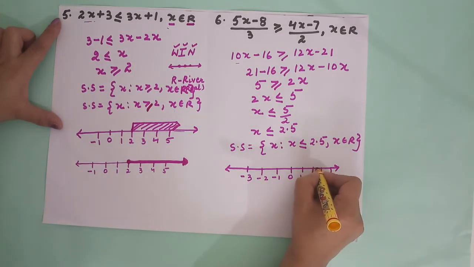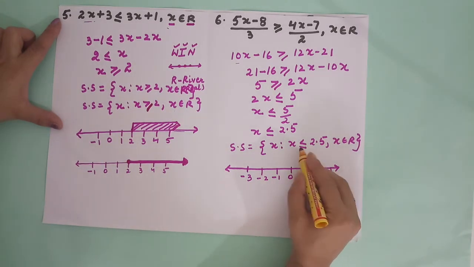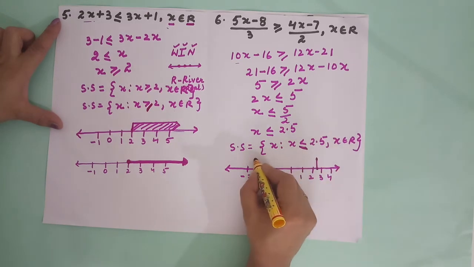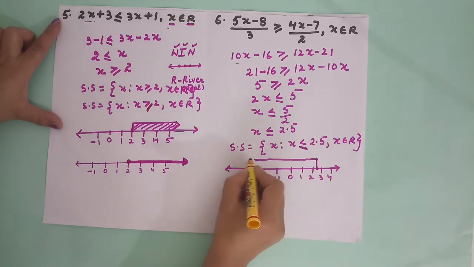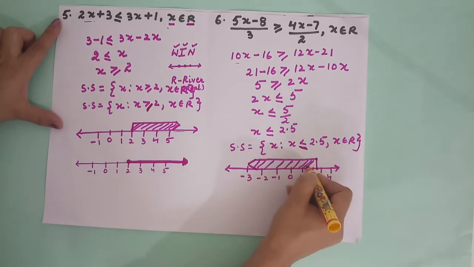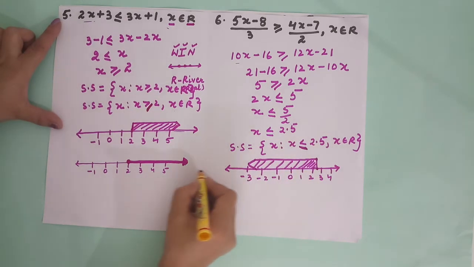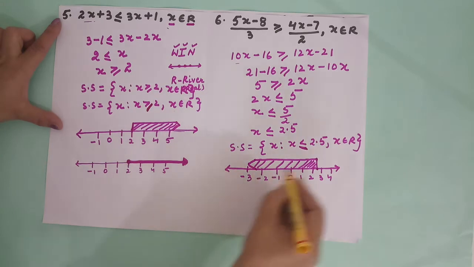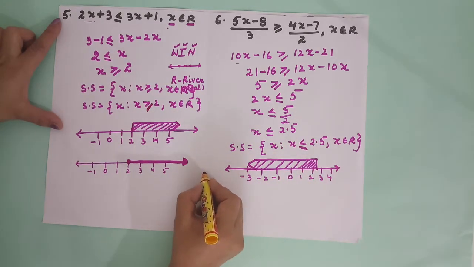Here, right? We have x less or equal to 2.5, so the equality sign is there. Place a straight line here and a straight line like this and then an arrow like this. Now shade this. This represents that it is going on infinitely, less or equal to 2.5, from this side to this side.